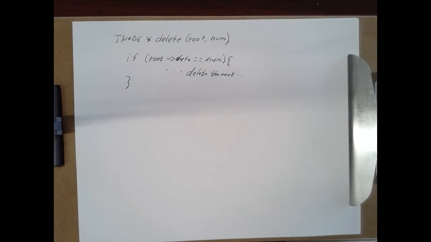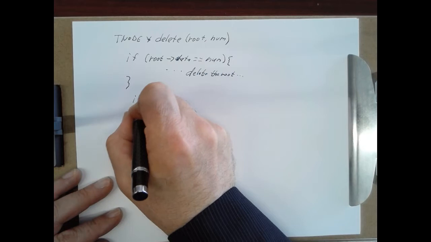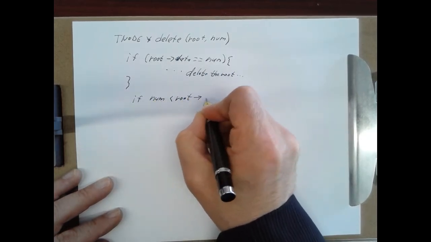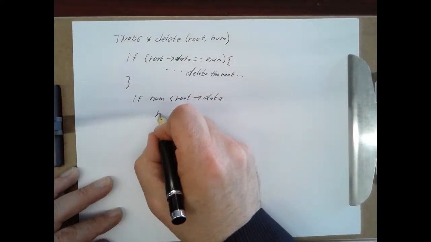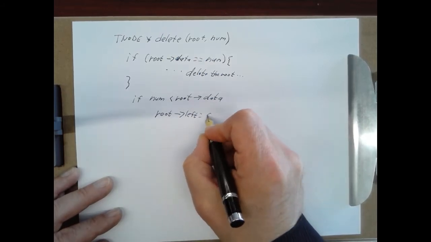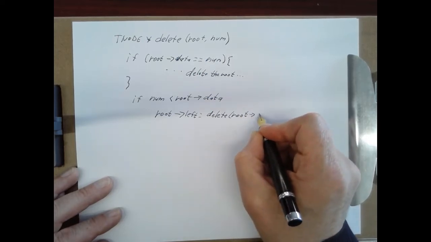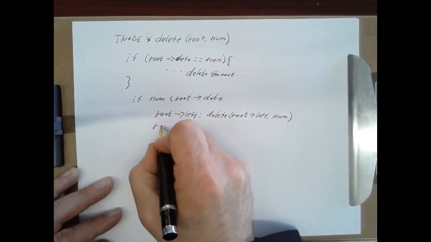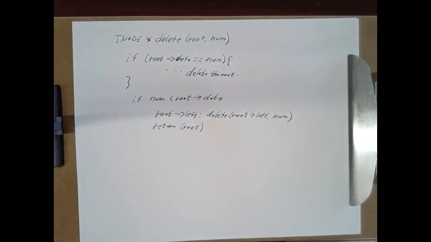But if we're not trying to delete the node, we need to go into either the left or the right subtree. So if our number is less than root data, then we're going to delete from the left subtree, so root arrow left equals delete root arrow left comma num. And return our original root, because that didn't change.